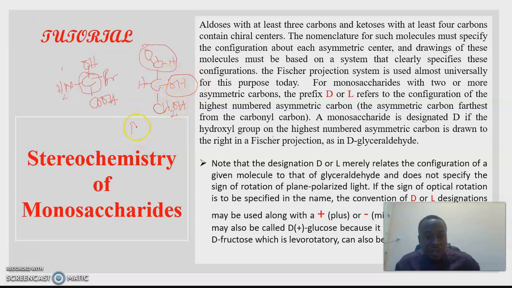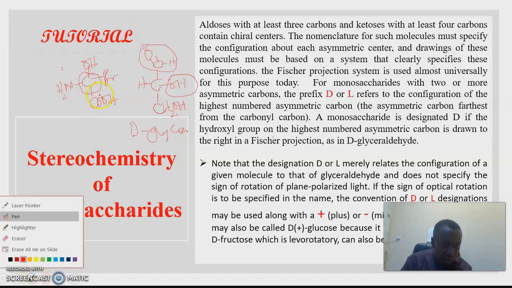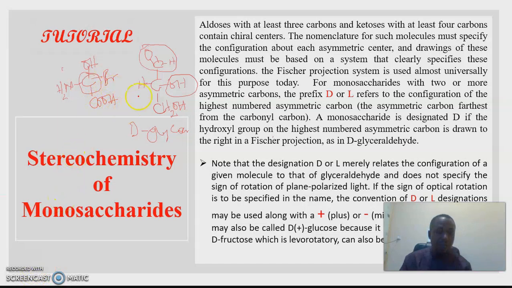So this is D-glyceraldehyde. Here you notice that this carbon atom is the one we usually use in determining if it is a D or L form of the monosaccharide. Okay. So let's proceed.